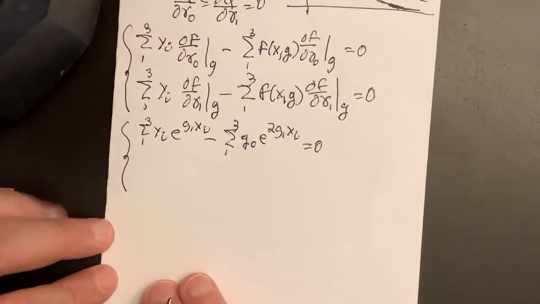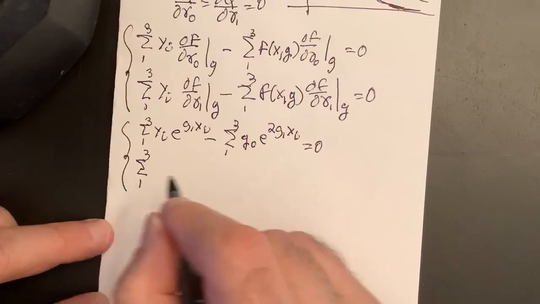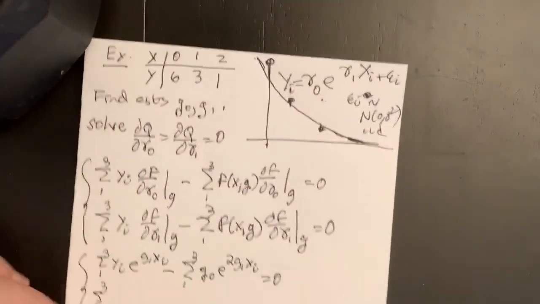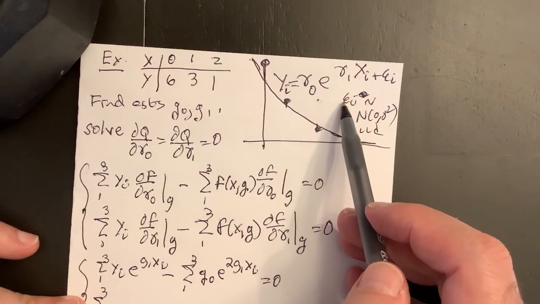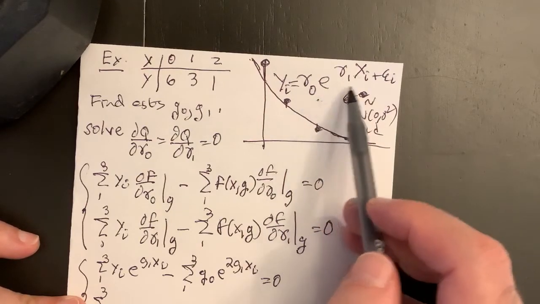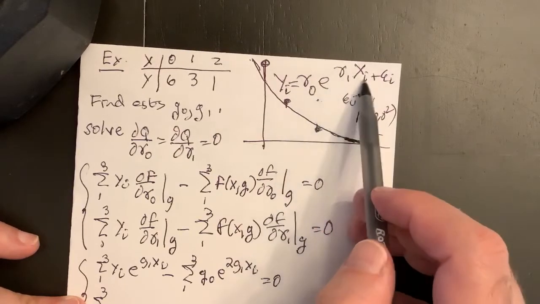That's the first one. When I do the second one, it should be pretty similar. Sum 1 to 3. What's the partial with respect to gamma 1? Well, it should be xi g0 e to the g1 xi.